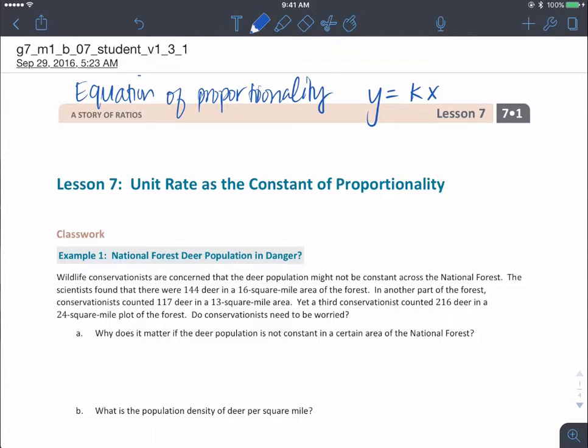Remember, x being the input value and y being the output value. We've been looking at our k value over the past lessons, but this lesson really defines it for us and helps us figure out how to find it for every situation.